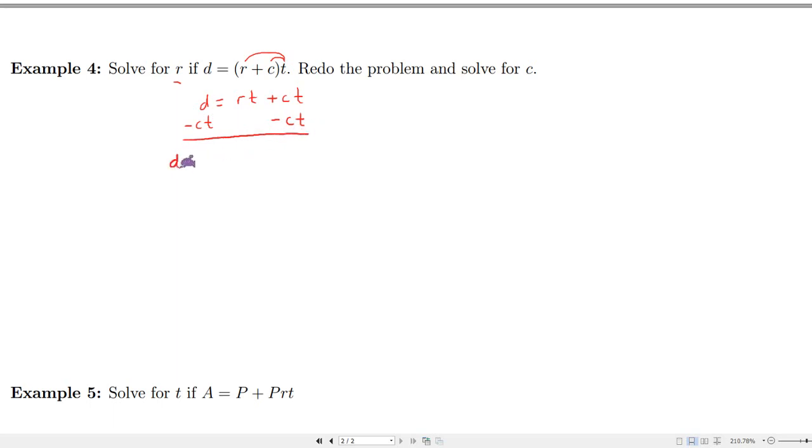So then we'll have d minus ct equals rt. And we're going to solve for r. So to isolate this r, we're just going to divide both sides by t now. And the t's will reduce over here, and we'll get our solution.